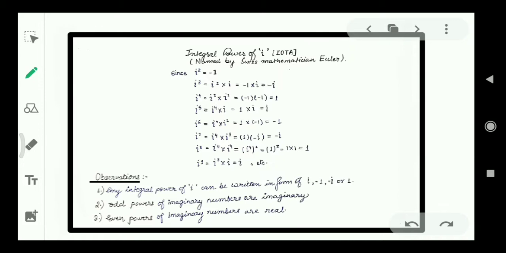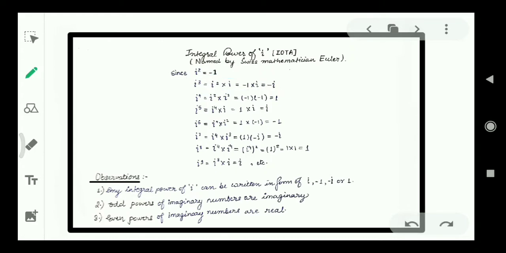Simply we observe that odd powers of the imaginary number are imaginary and even powers of the imaginary number are real. So this is how integral powers of i give us the results.